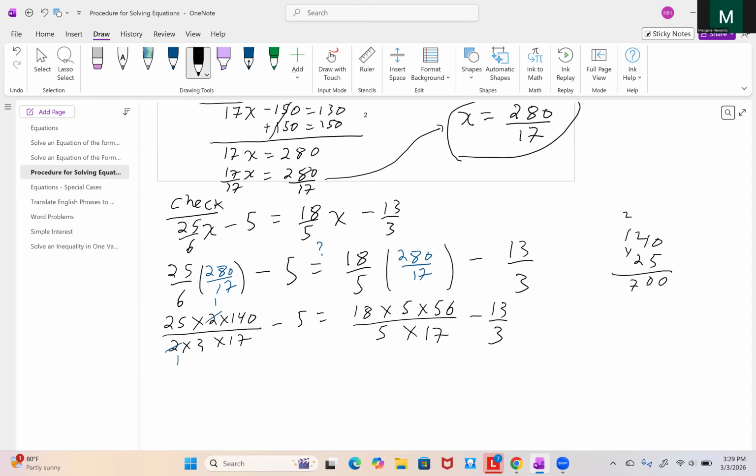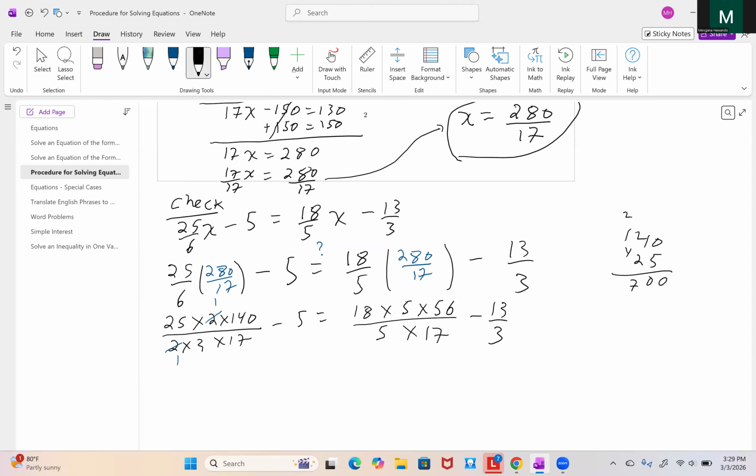It doesn't look like we get the same on each side. So we made a mistake somewhere, either in our work while checking or while solving for the problem. These two do not equal. This is less than 3,000 on the right hand side.